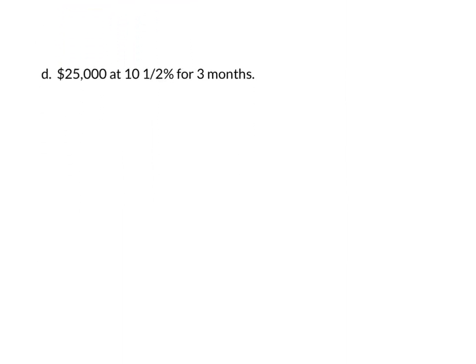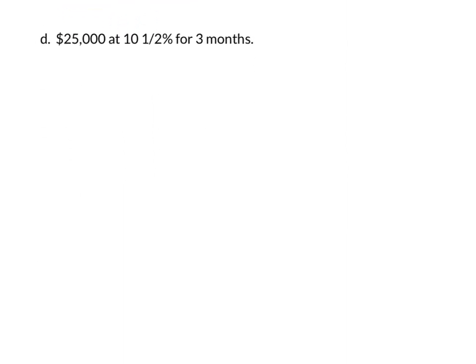All right, last example. We have 25,000 at 10.5% for 3 months. All right, so if we plug into our formula, we get 25,000 goes in for P. For my R, I'm going to work with 10.5%.